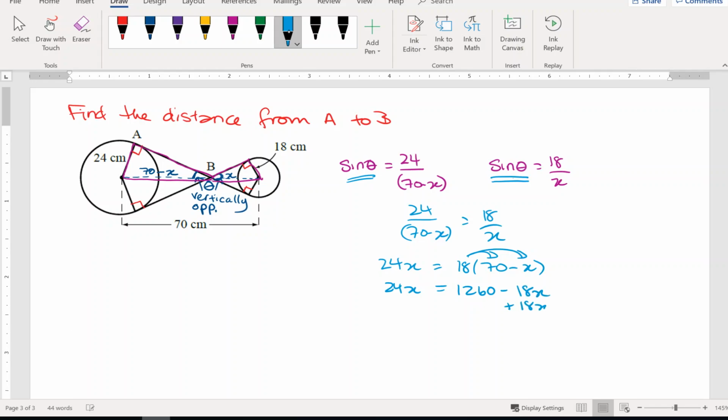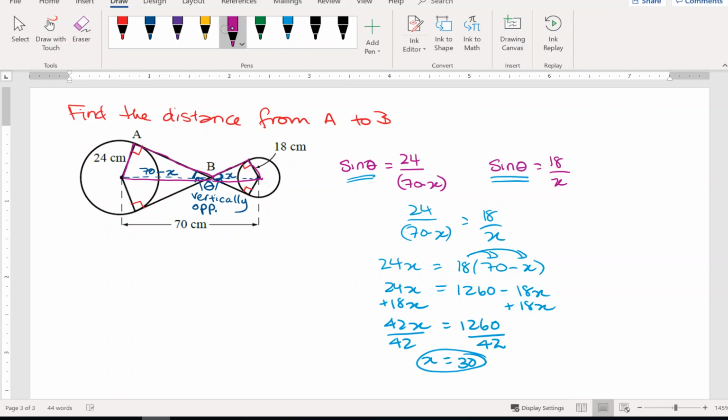Let's add 18x to both sides to give us 42x is equal to 1,260. Divide both by 42 to give us x is equal to 30. Now this is our value for x. It's not our value from A to B.